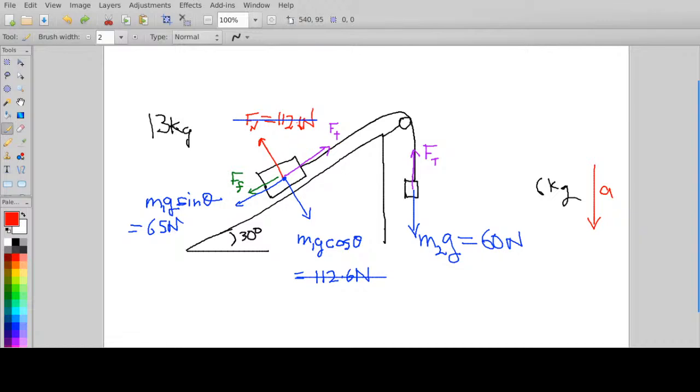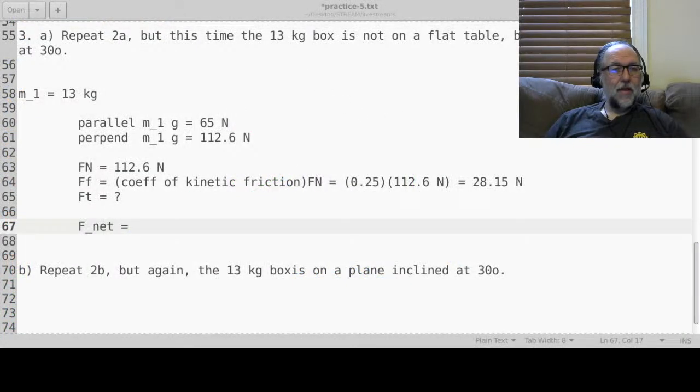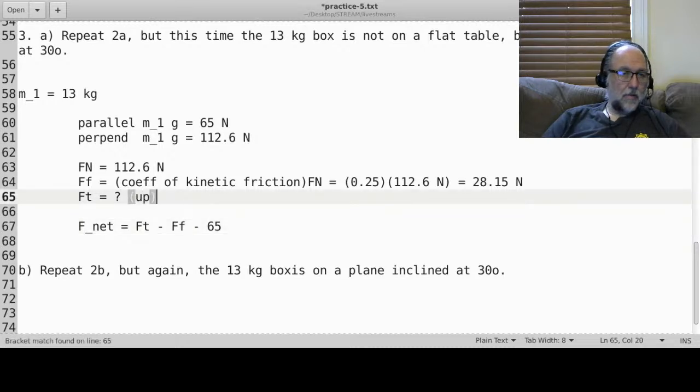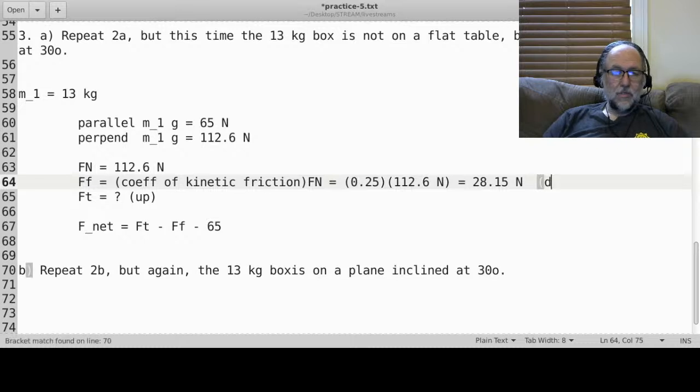Let's switch back to my other screen. Fnet, which one's the one that wins? It's Ft. What's pulling the other way? FF is pulling the other way, and so is the 65 newtons. Ft is uphill. The force of friction is downhill, and the parallel component of gravity is also downhill.